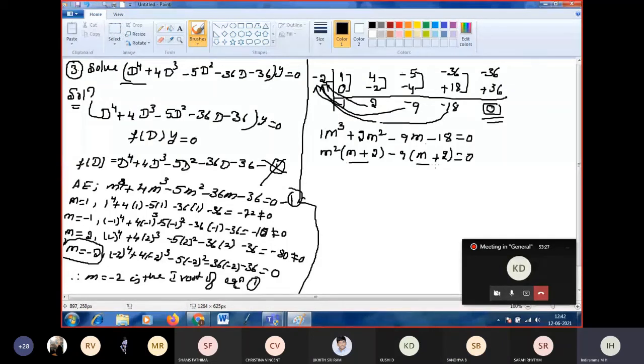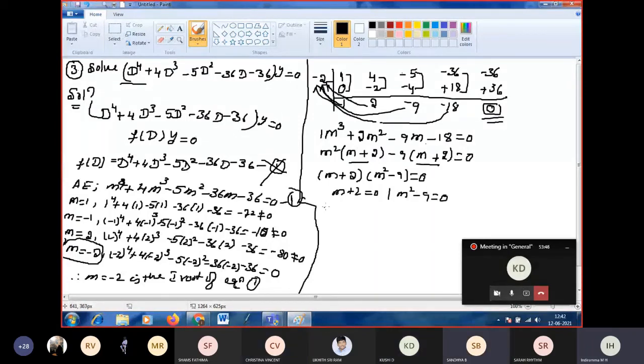Now take m plus 2 common. m plus 2 into what? m square minus 9 equal to 0. That means m plus 2 equal to 0 or m square minus 9 equal to 0.